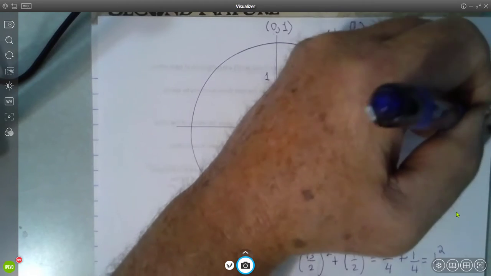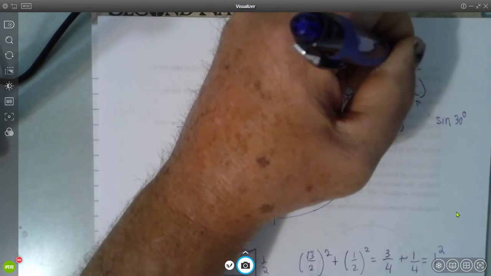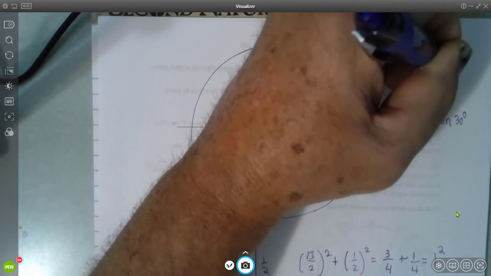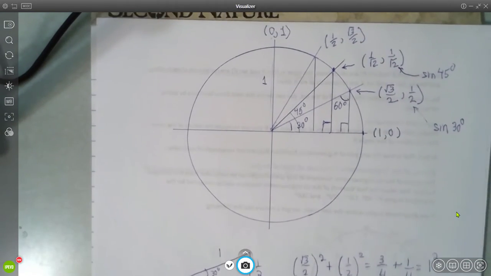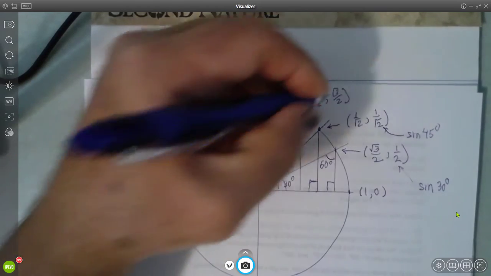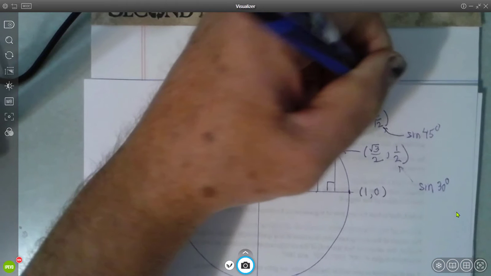So this is the sine of 30 degrees. This is the sine of 45 degrees. And this last one, this last y coordinate, is the sine of 60 degrees.